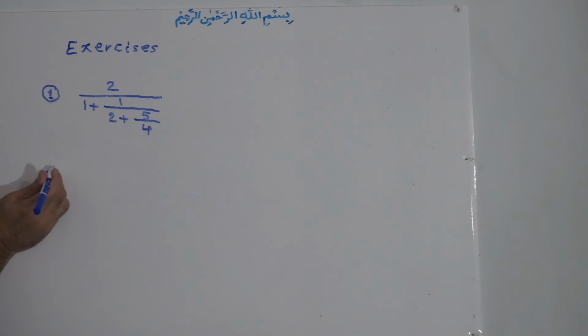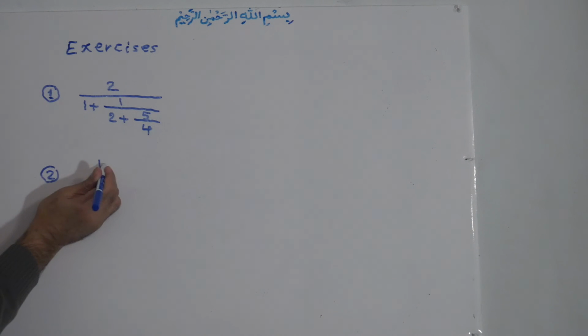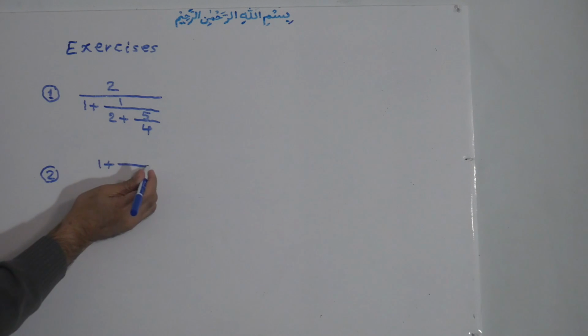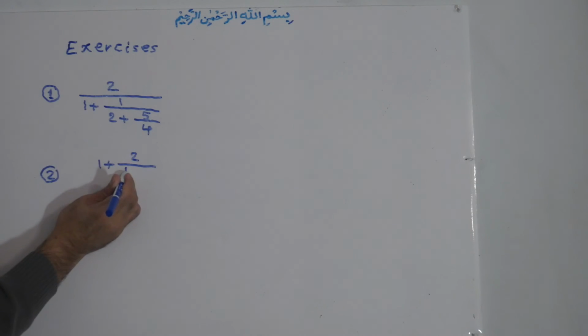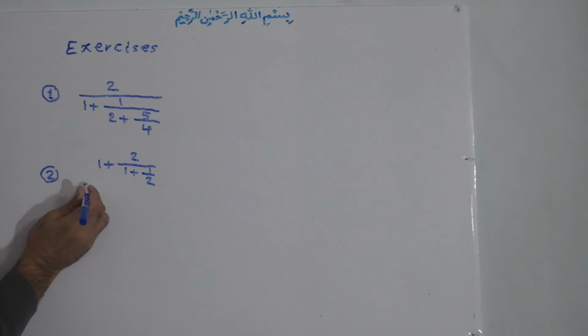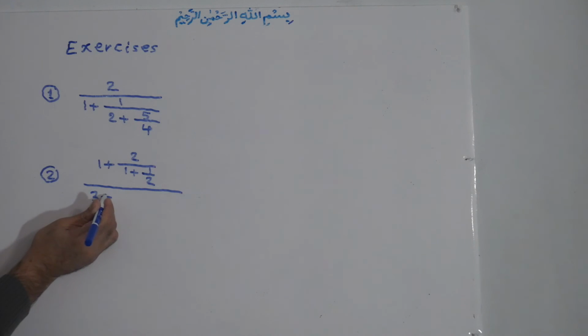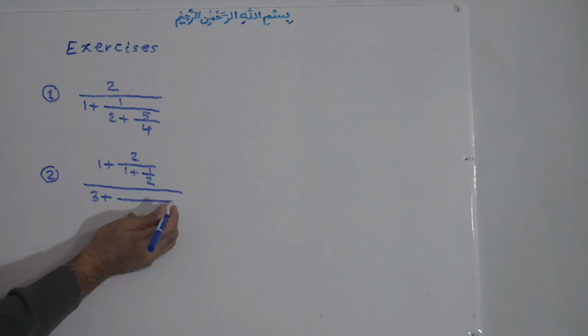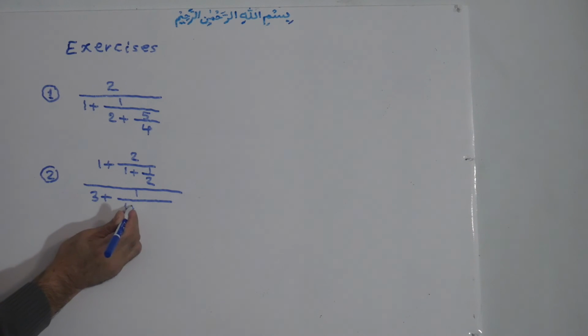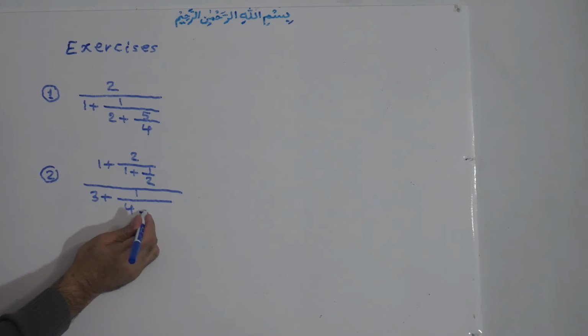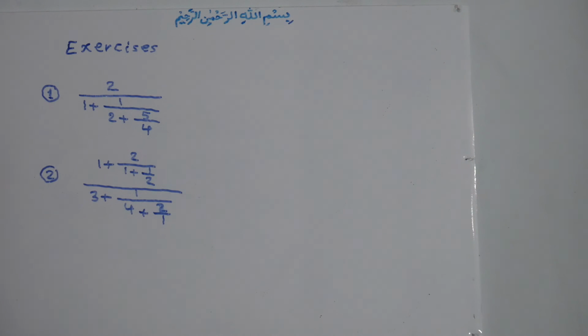And number 2: 1 plus 2 over 1 plus 1 over 2, all of this over 3 plus 1 over 4 plus 2 over 1. You can solve these two questions for next day.